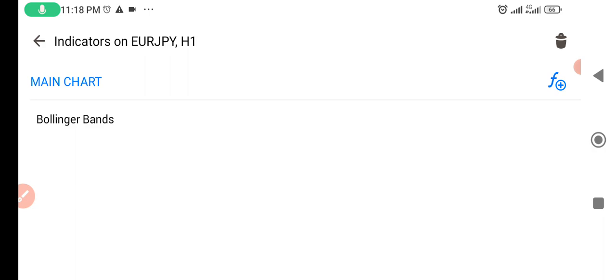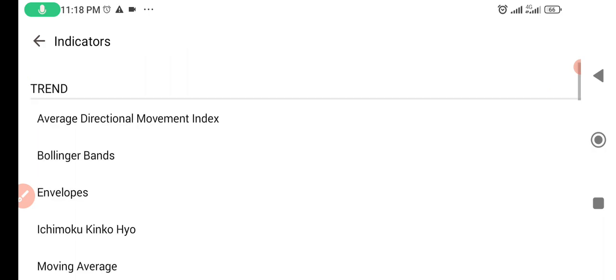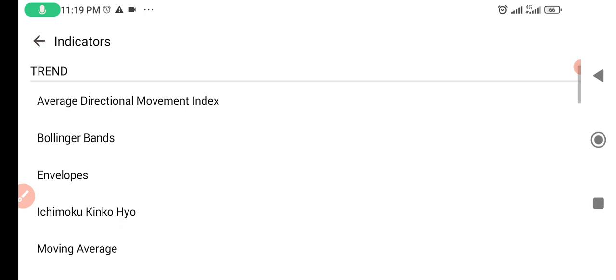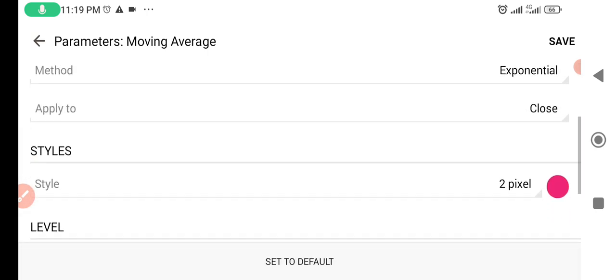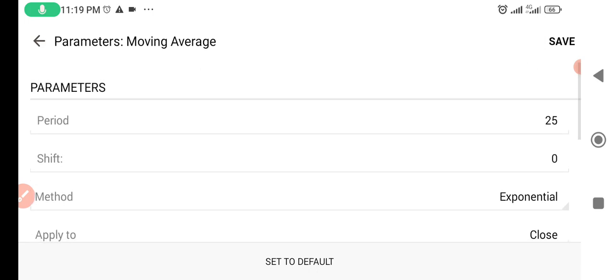The first indicator we are going to add is a moving average. On our chart we have moving average, the period is 25, shift is 0, the method is exponential and the color is red.